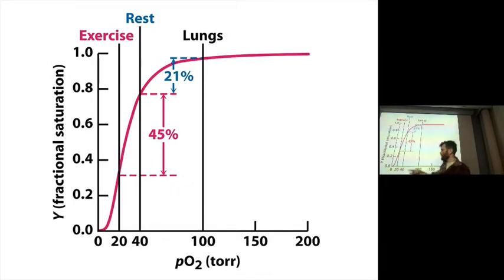However, let's exercise, let's put some demand on the system, and suddenly there's another 45% of that oxygen that we can begin to access because we are in a much steeper part of the curve here, for a change of only 20 millimeters of mercury. Whereas going from here to here, this is a change of 60 millimeters of mercury, and we're only getting 21% of the oxygen off? Because you're sitting there listening to me talk.